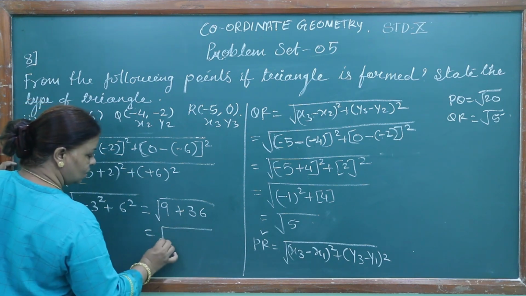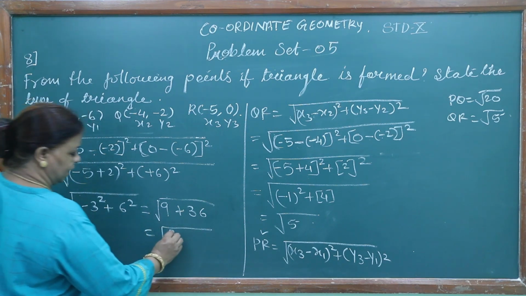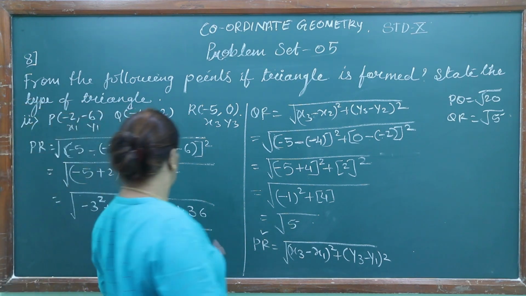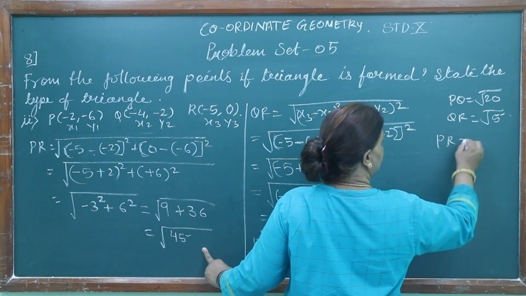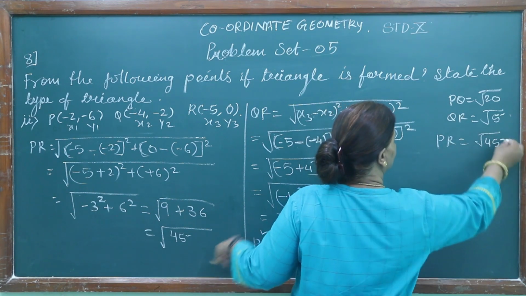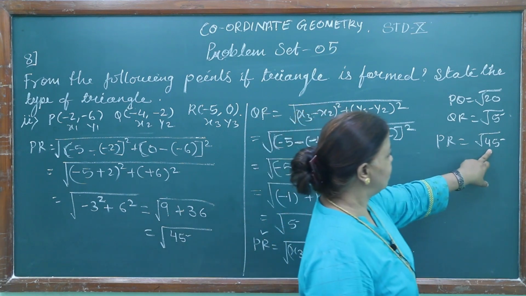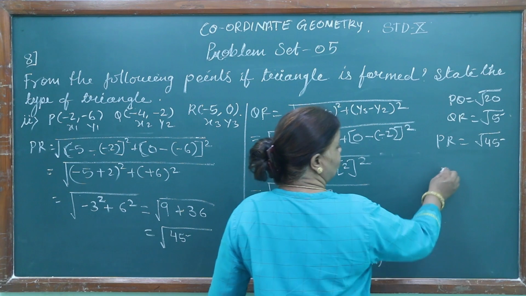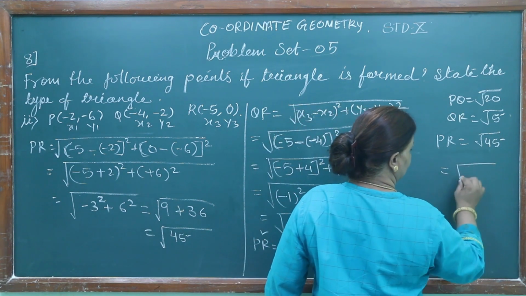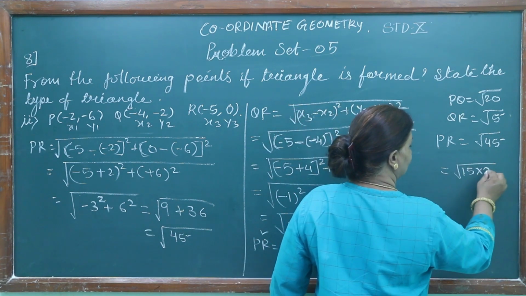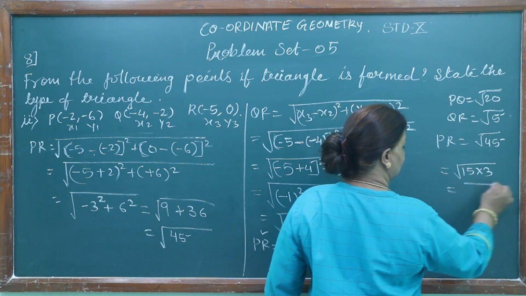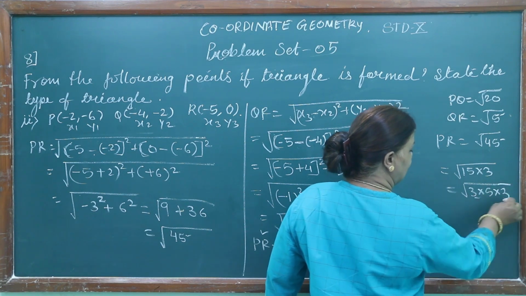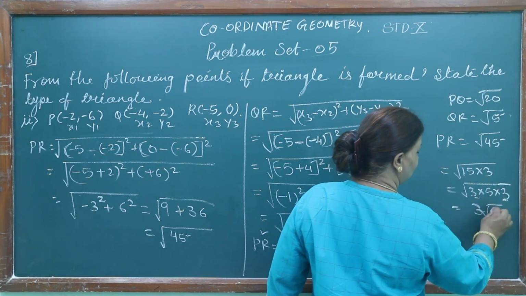So it will be 45, under root 45. Now compare the distances. PR is under root 45. Now children, you see PR is the largest distance of these. If I want to write this down, 15 threes are 45, 3 fives are 15, into 3, 3 times 3 is there, we can bring it out, 3 root 5.